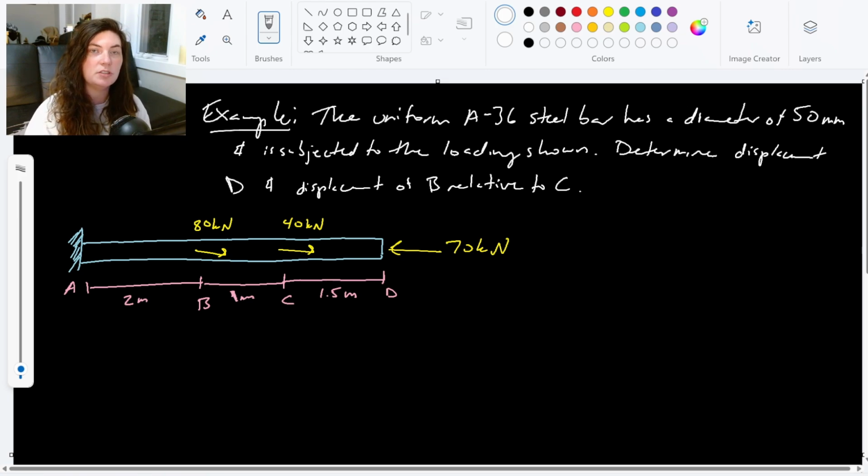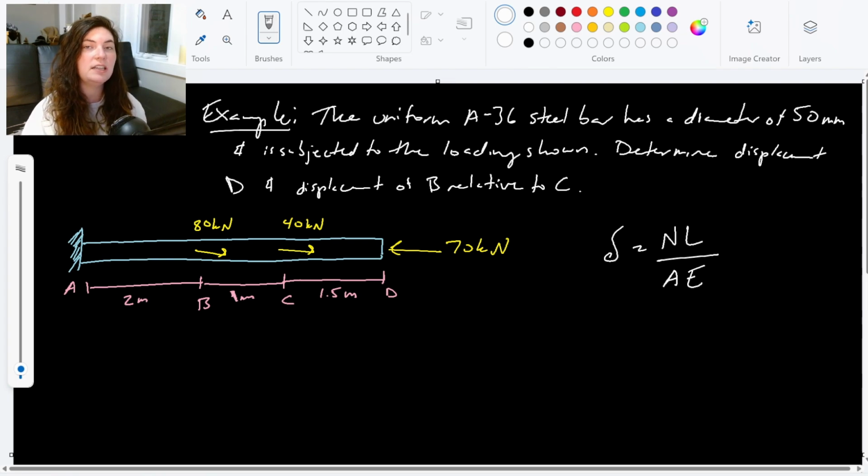So what we're going to want to do is apply our axial load equation. Delta is the normal force times the length over area times modulus of elasticity for each individual section, breaking this out into sections so we can find the normal force in each section and find the delta.